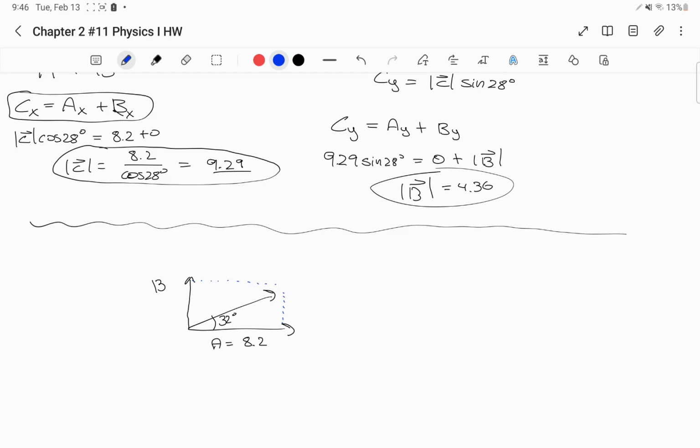So using our trigonometry, we can find the magnitude of C by doing cosine of 28 degrees is equal to adjacent over hypotenuse. And that would give us the magnitude of C. Doing the algebra, we would have 8.2 all over cosine of 28 degrees. And after putting that in your calculator, you should get the same thing as 9.29.